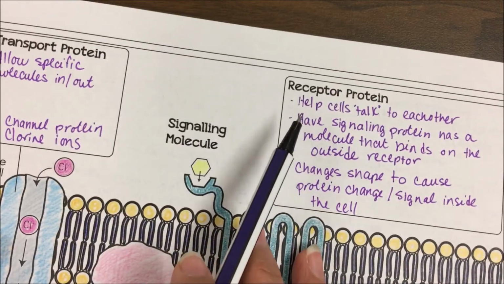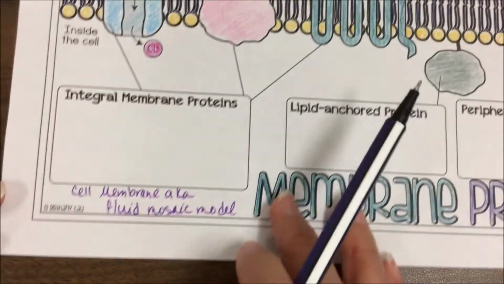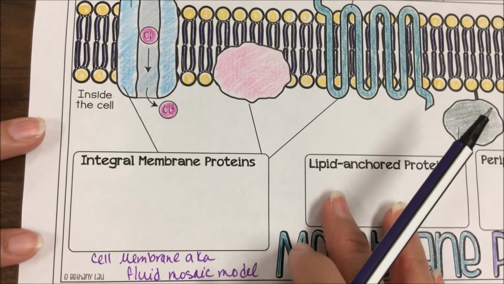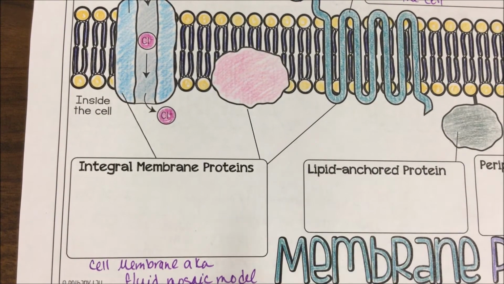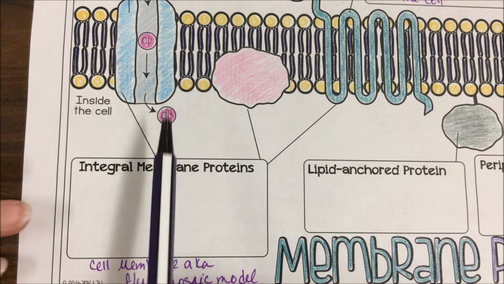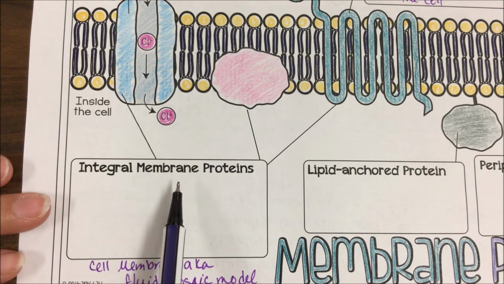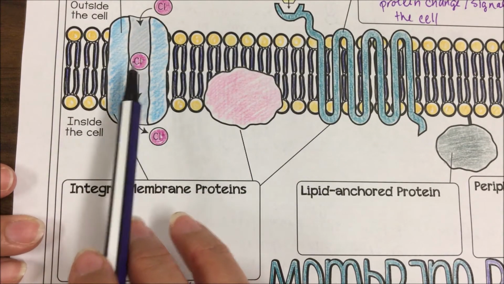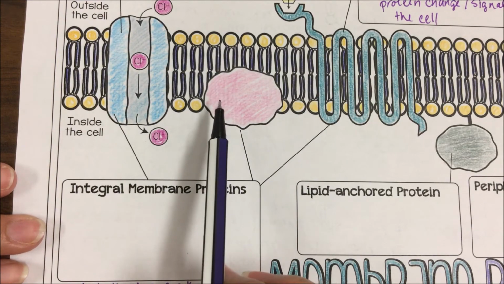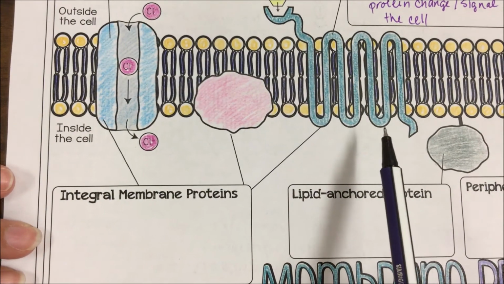So, okay, our two proteins, transport and receptor. Of those, we're going to talk about where they're located inside of our membrane. Essentially all of these are categorized by how stuck they are inside of this membrane. If I'm looking at an integral membrane protein, I can see right here, this one that's really big, it's really stuck in there. This one, stuck in about half of it. This one goes all the way through.